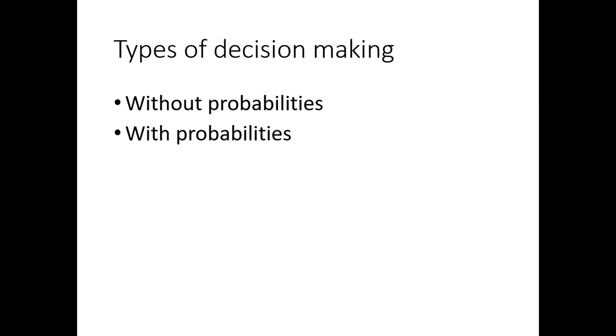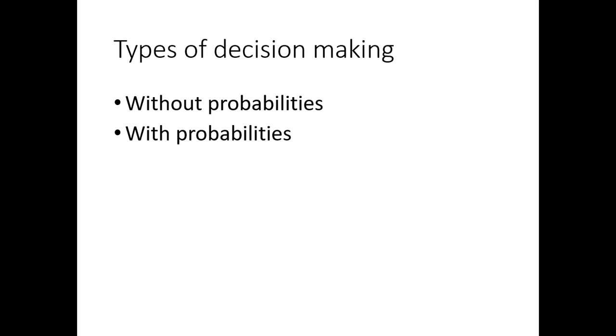So we come to the next important part of this chapter, which is the two main types of tools in decision making, decision analysis. We can classify the tools of decision making into decision making tools without probabilities and decision making tools with probabilities.